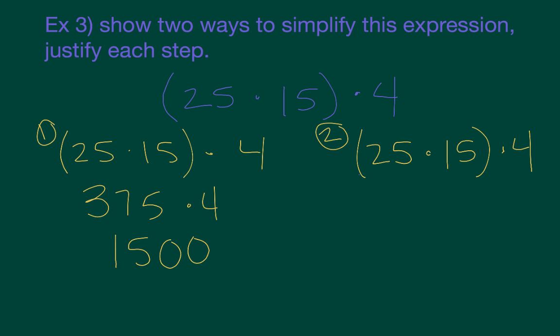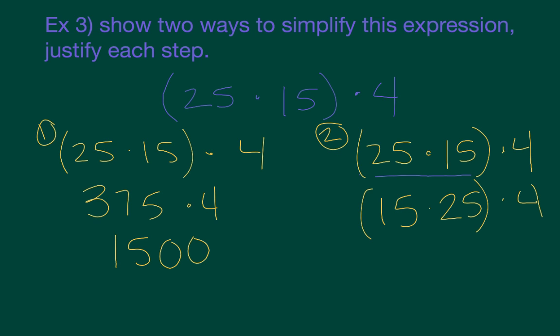To do that, I've got to move the parentheses. I can't just move them here, because if I move the parentheses alone, it's going to get me to 15 times 4. I have to move numbers first. I'm going to move the 15 and the 25 first. I'm doing the commutative property first by moving these 2 numbers around. 15 times 25 times 4.